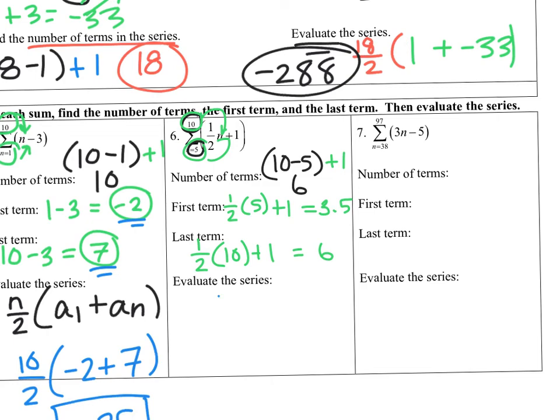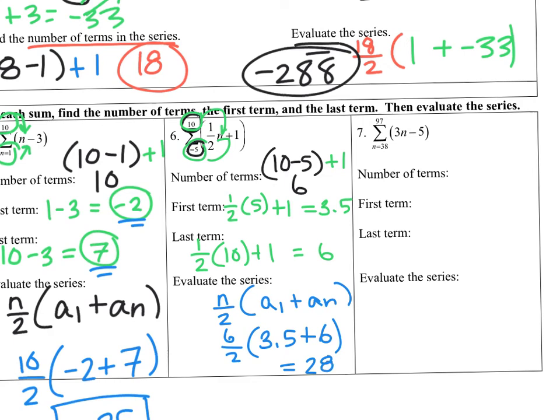So now I can plug it into my formula, number of terms over 2 times a sub 1 plus a sub n. So the number of terms I have is 6 over 2. A sub 1 is the first term, 3.5, plus a sub n, this last term, 6. So that's 28.5.